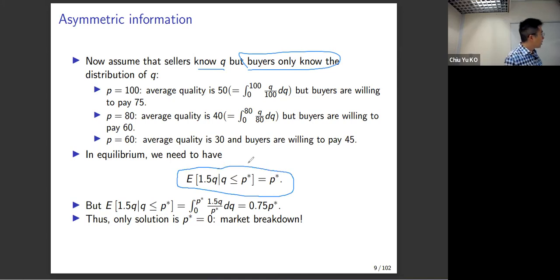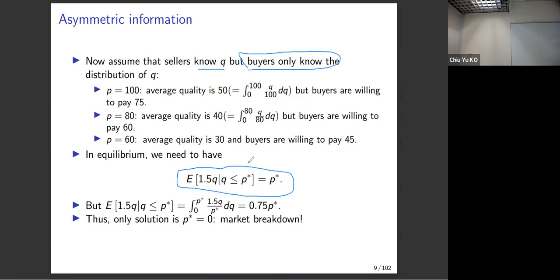It simply means you look at the price given in the market, P star, and at the optimal choice of the buyer, how much they want to pay, and whether this is exactly the strategy they put.